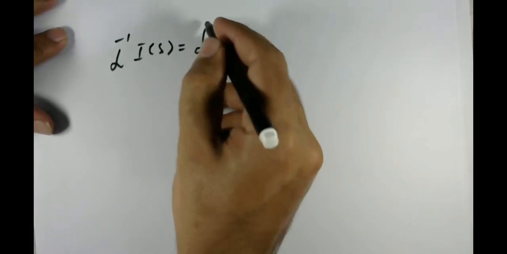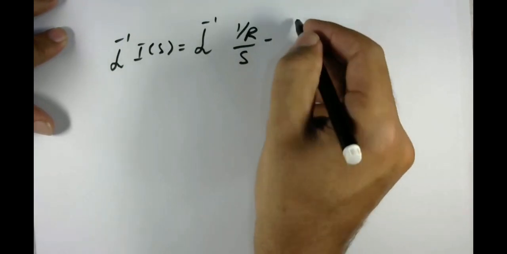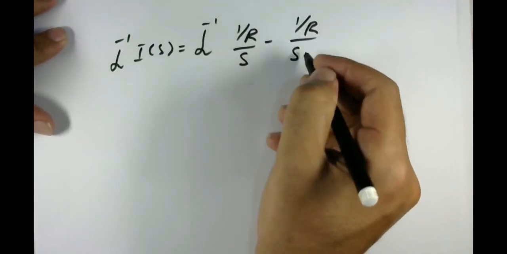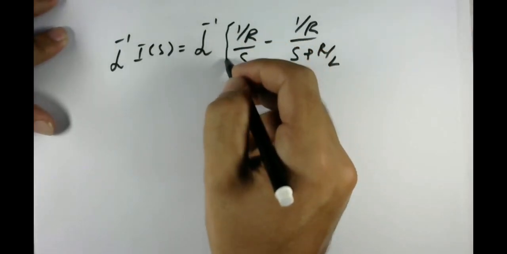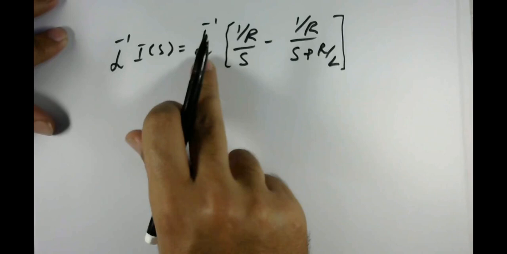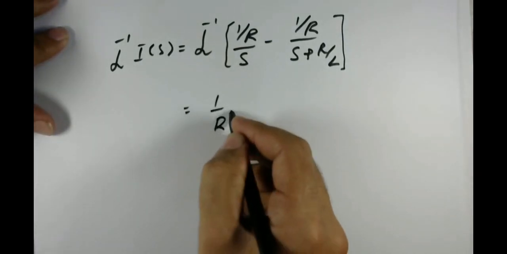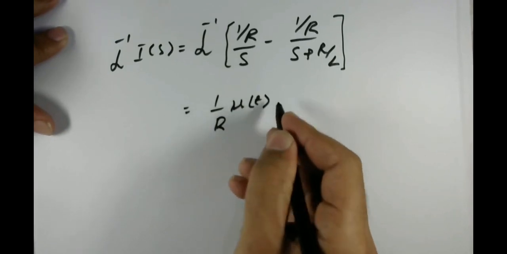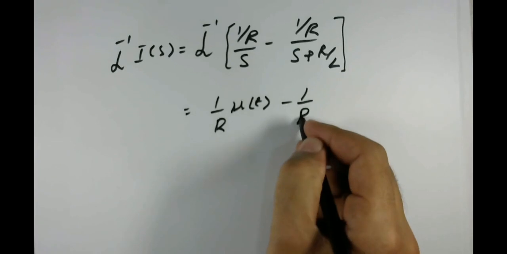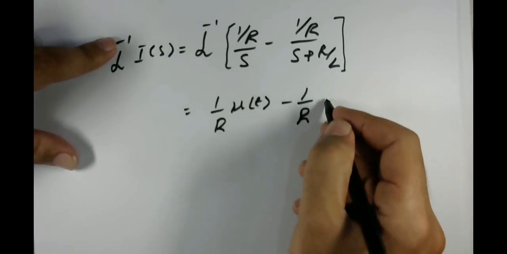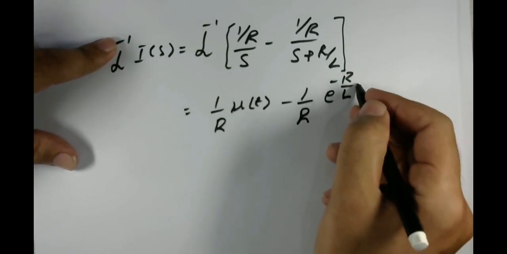You will do the rest over here as well: 1 by R by s, where 1 by R is a constant, and 1 by R by s plus R by L. When you apply the inverse Laplace, you will get 1 by R u of t minus 1 by R e raised to power minus R by L times t.